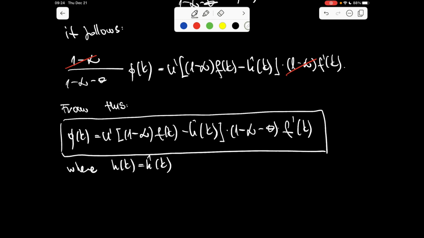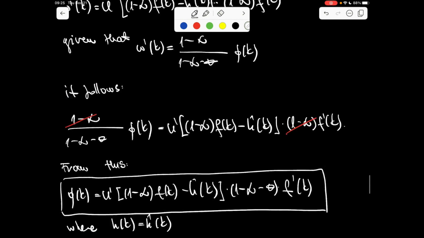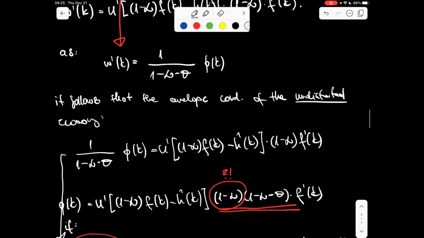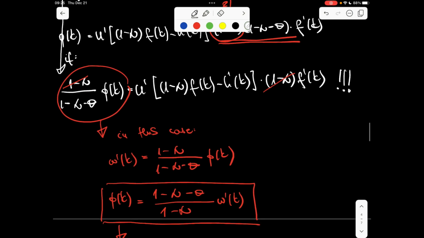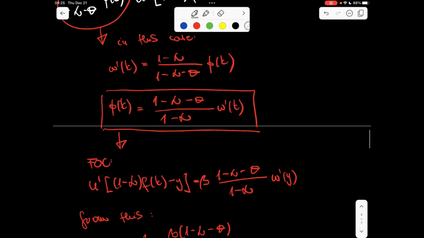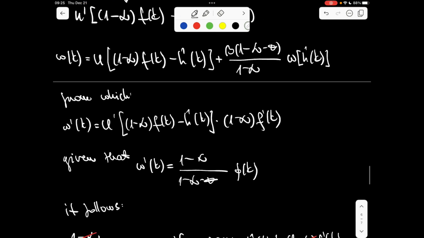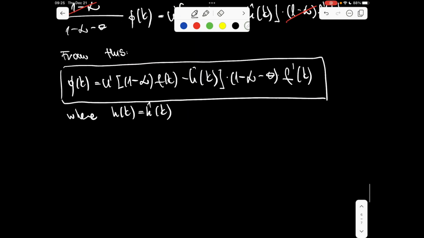So by solving this second undistorted economy, we would have the solution to the original distorted economy. Okay, so at this point, this was the second attack. Okay, that's all. So our solution is complete.